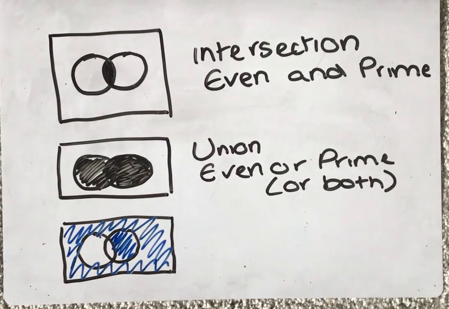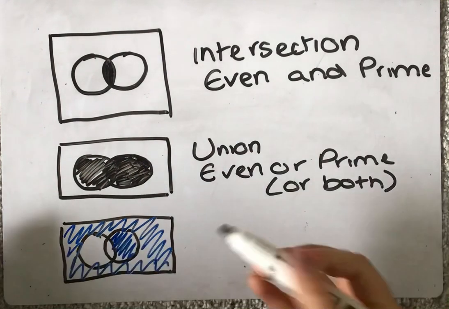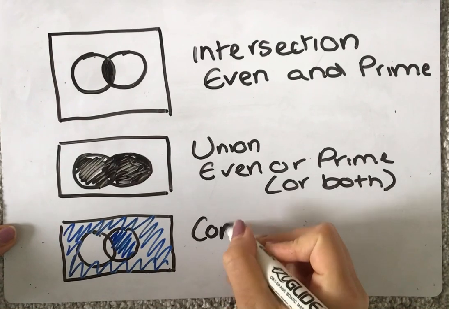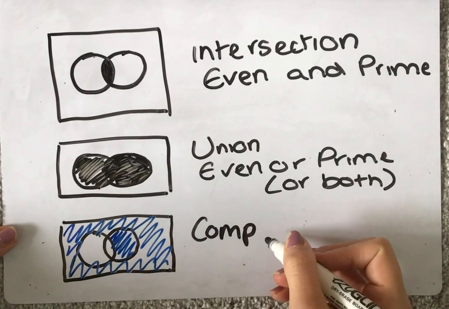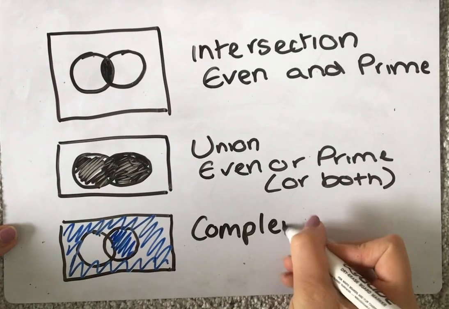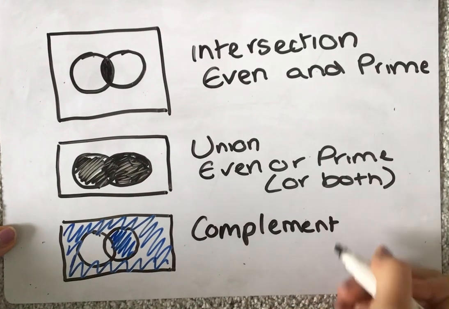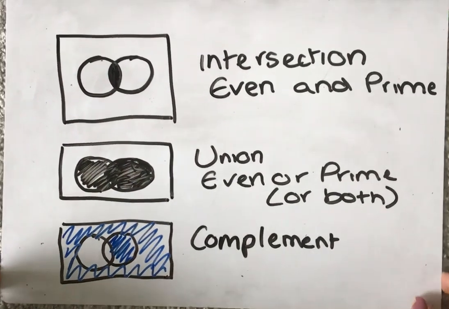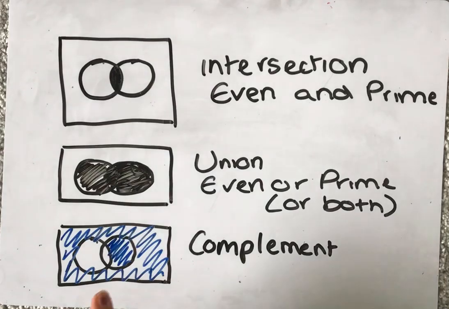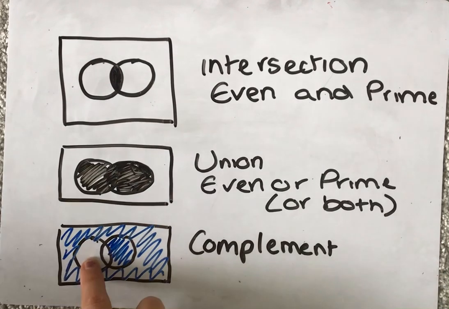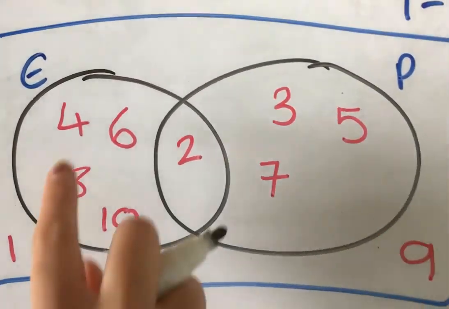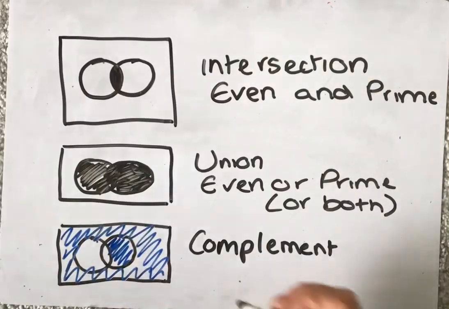Okay, and this is what we talk about as the complement. It's complete, so it's spelled differently than if we were giving someone a compliment. But don't worry too much about the spelling. What that means is if I was looking at this one, it's everything that's not even. Everything that's not even.